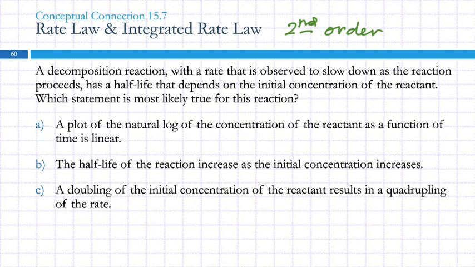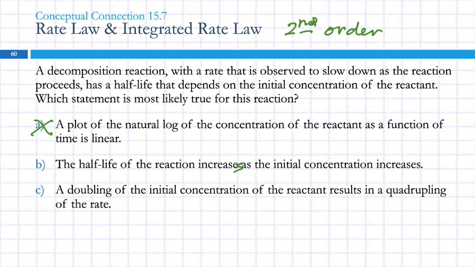If we plot natural log of A versus time for second order, will it be linear? That's first order, so that's not going to work. The half-life of the reaction increases as the initial concentration increases. And I'm thinking, I have to think too hard about that one. Let's look at the last one.